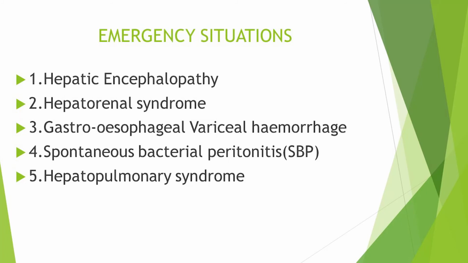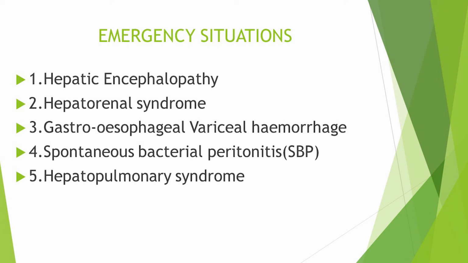What are the emergency situations? When these features are present, it is an emergency situation. If the patient develops hepatic encephalopathy, emergency management is necessary. If the patient develops hepatorenal syndrome, it is an emergency feature of liver cirrhosis.